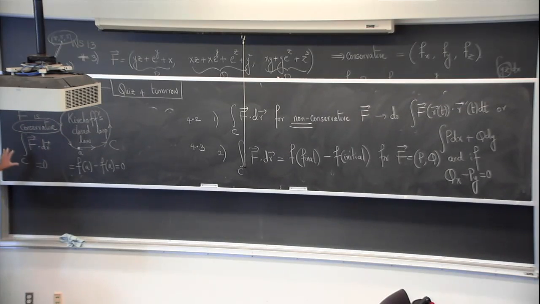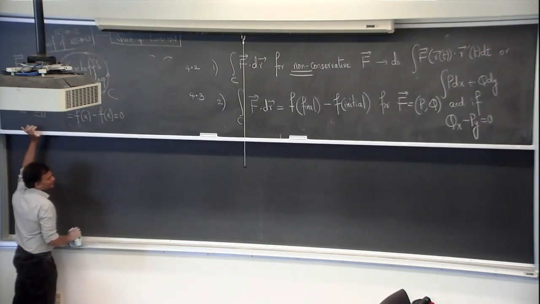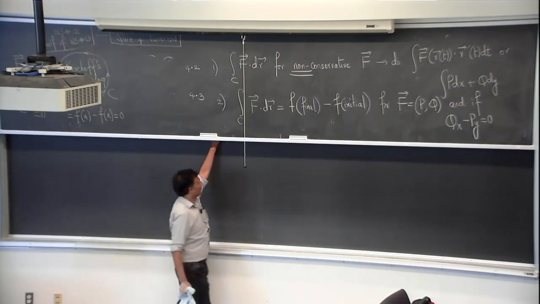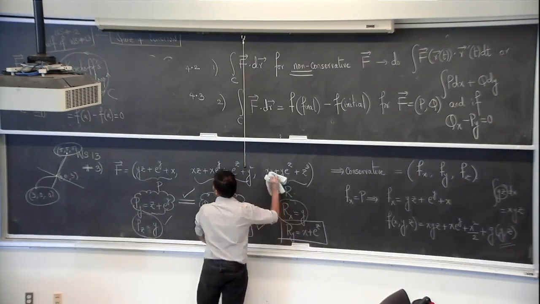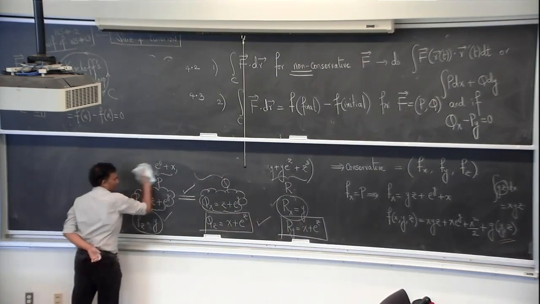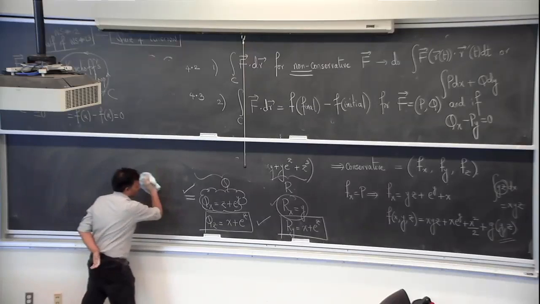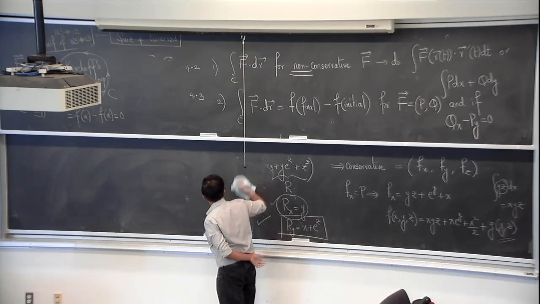Some students just ignore the conservative part and get into all kinds of trouble. This is only true for a conservative vector field. So the next question is, if you had the same closed loop and the vector field is not conservative, what happens?